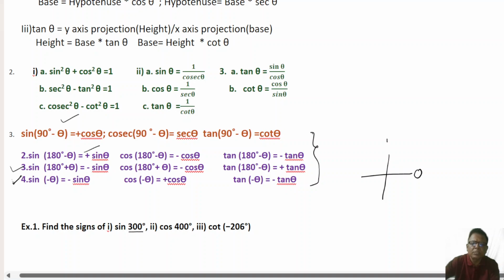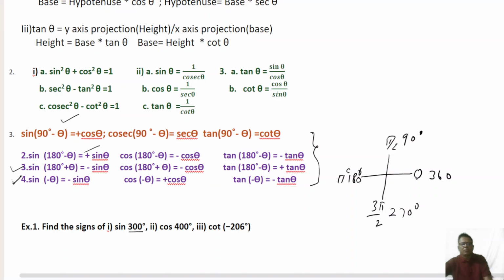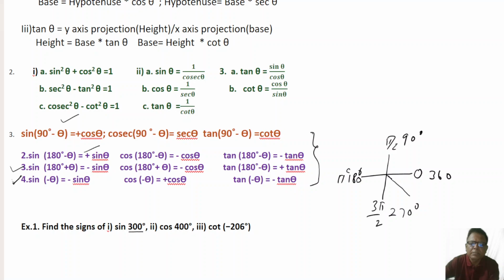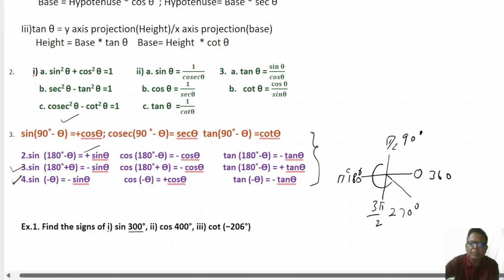It starts from 0, then pi by 2 or 90 degree, pi radian or 180 degree, this is 3 pi by 2 or 270 degree. Then again it will move up to 360. If we suppose some angle is here, you measure it from the positive x-axis, so that angle is theta.